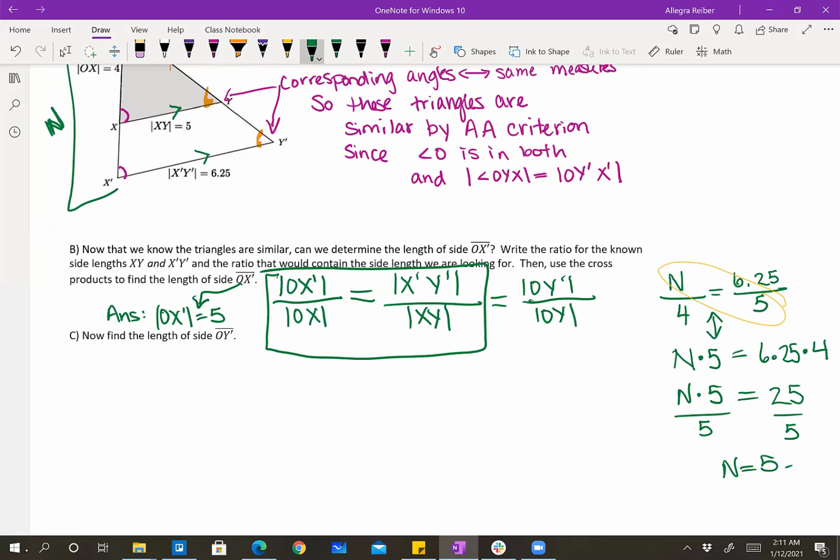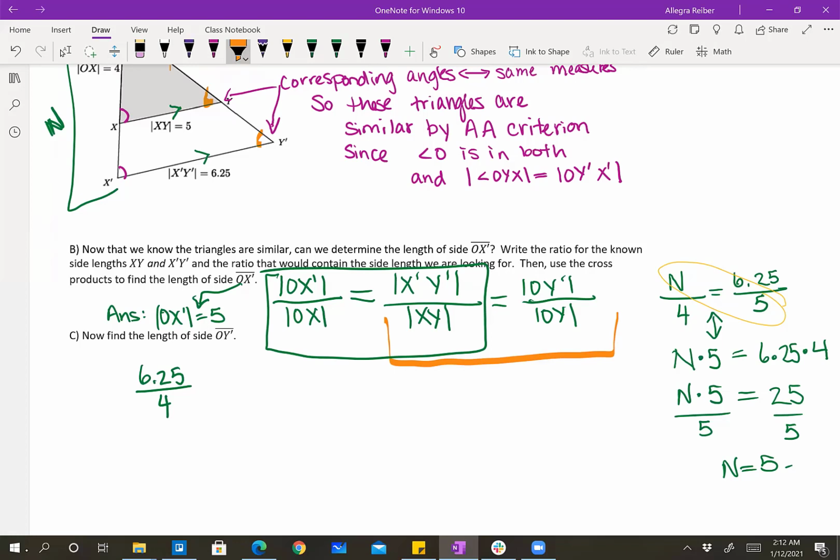I now can do the same thing with the other one. So I'm going to set up that proportion for you. And the very first thing I want you to do once we stop the video is to solve it. In fact, start solving it as soon as I write it down. Here we go. We're going to take our 6.25 over 4. That's that center portion of my proportion right here.